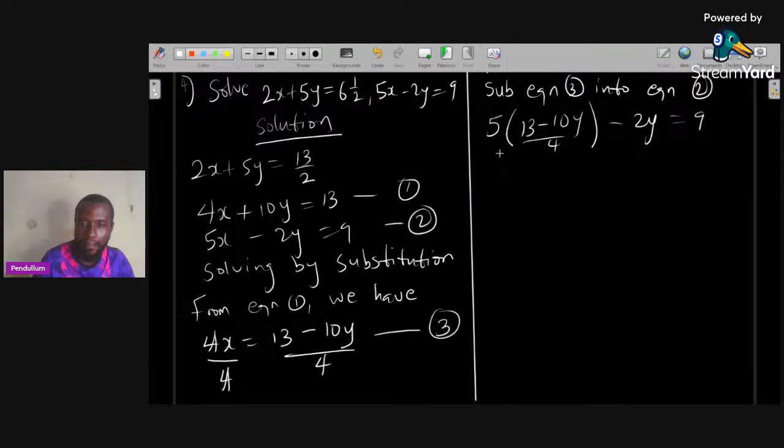I think we can multiply 5 by 4 here to give us 20 times 13 minus 10y, then minus 2y is equal to 9. Okay, 5 times 4 here is 20.